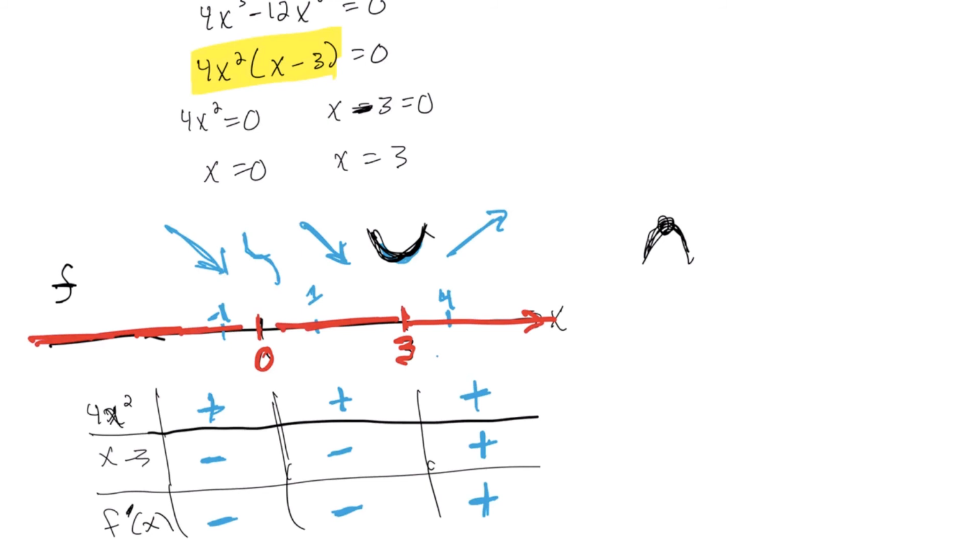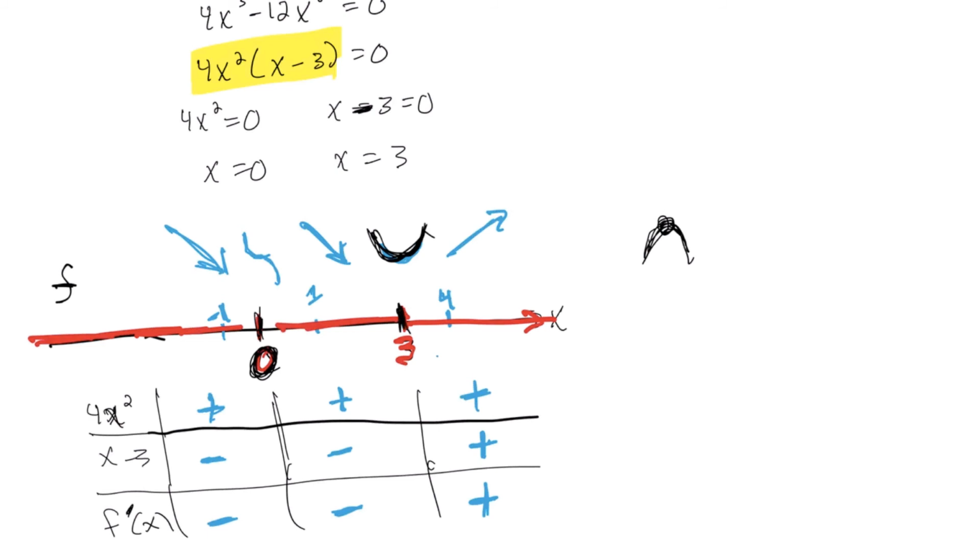So suppose we're only looking for max and min values and we're not looking for intervals of increase and decrease. If we're only looking for max or min values, what we really could do is take our critical point. We had x equals 0 as a critical point. I could find the concavity of the function, use the second derivative, and determine whether there's a max or min value there.